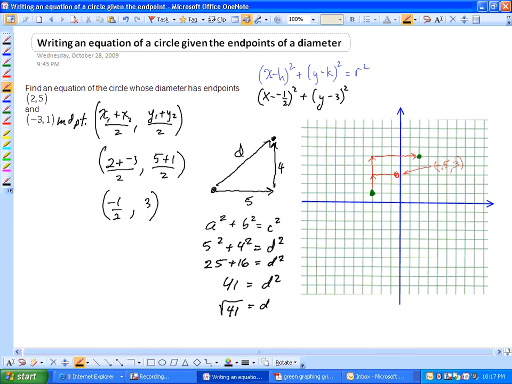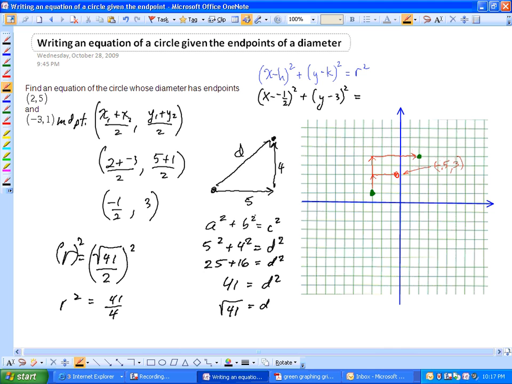And if d equals the square root of 41, then r equals the square root of 41 over 2, which means r squared equals 41 over 4. Square the top, square the bottom to get r squared. The square of the top is 41, the square of the bottom is 4.